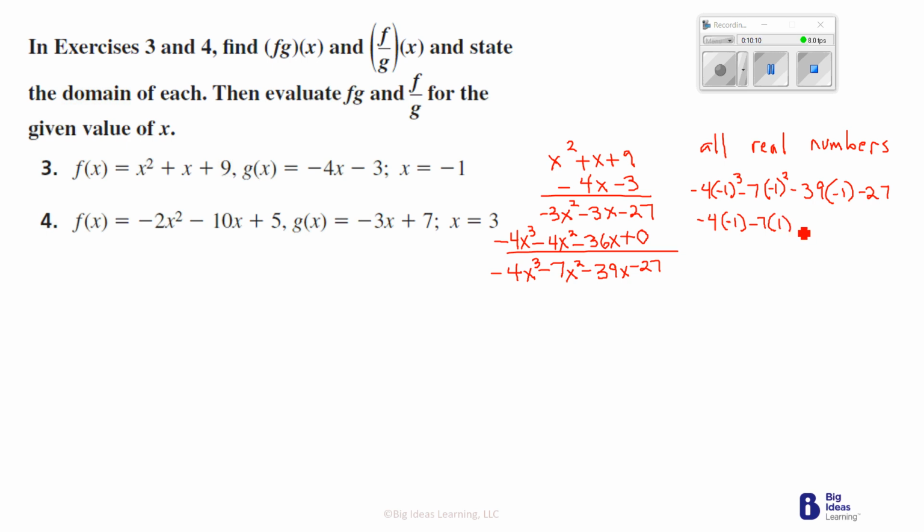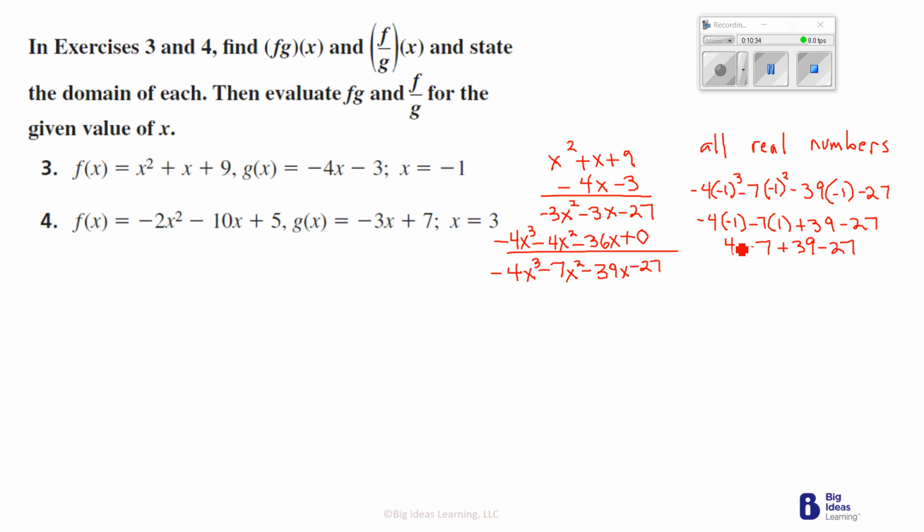And this is going to be, well, negative times a negative, that's positive 39, and negative 27. Now I got a negative times a negative, that gives me a 4. Negative times a positive, that gives me a negative.